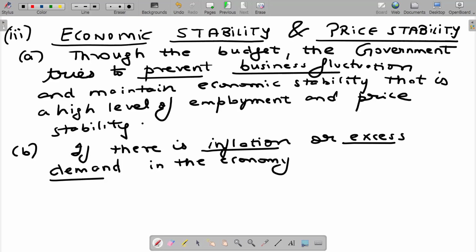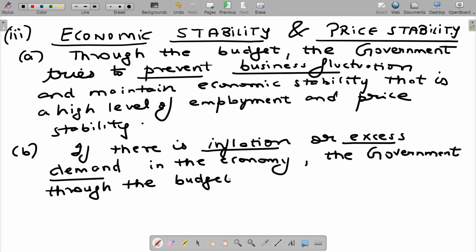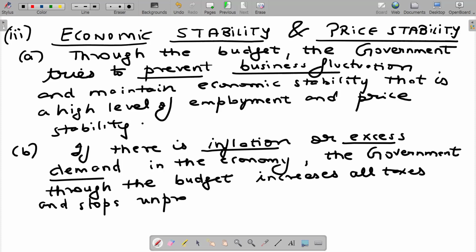So if there is inflation or excess demand in the economy, I can write that the government through the budget increases all the taxes and stops unproductive subsidies.